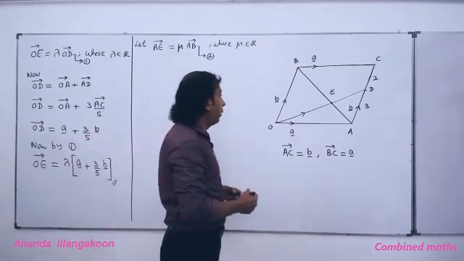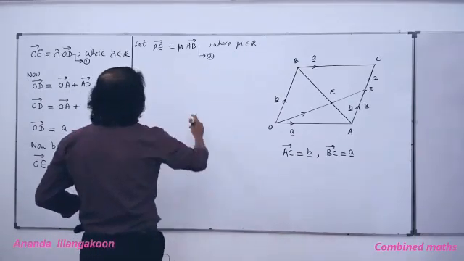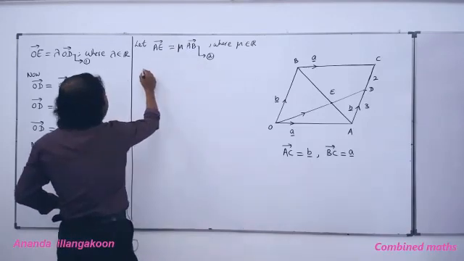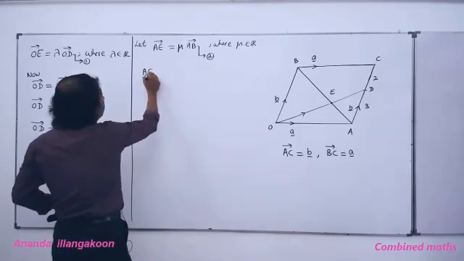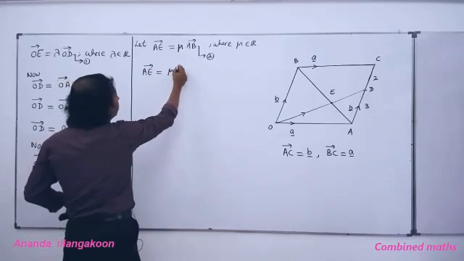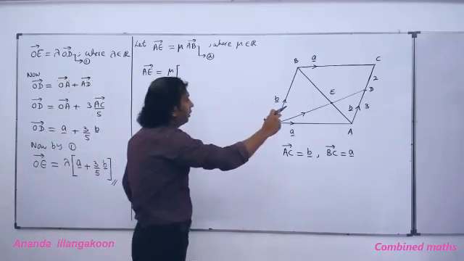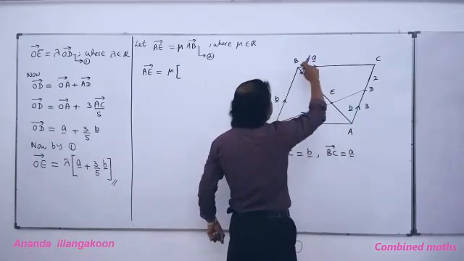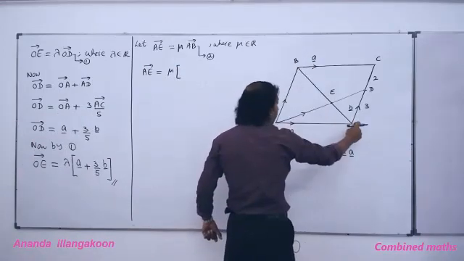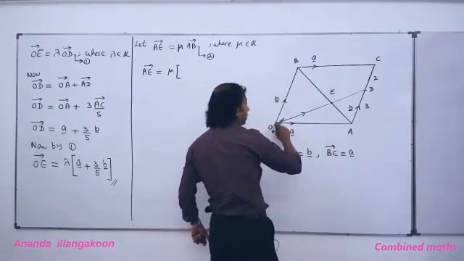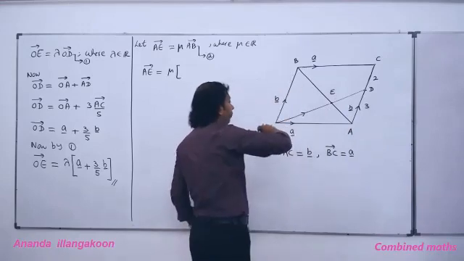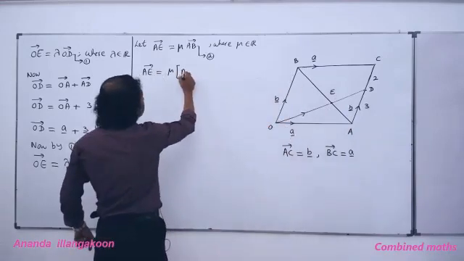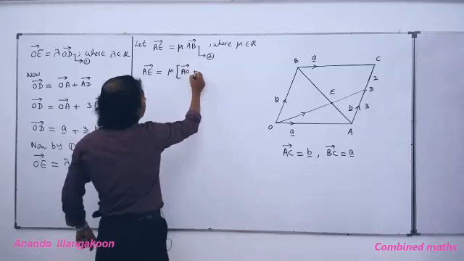Now, what is this AB vector? AE vector is equal to mu times AB vector. A to B vector, you can write how? AO plus OB.